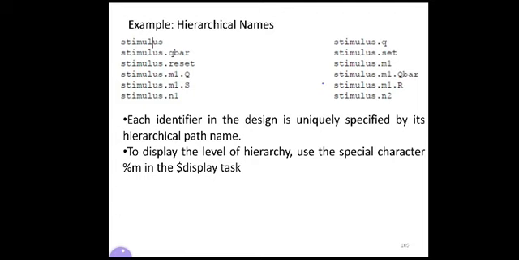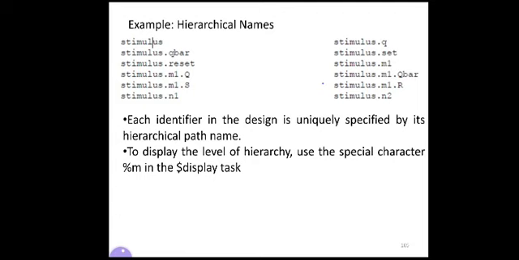If you want to access the top level module, its name is directly just stimulus. We do not have any other identifier. Suppose you want to access Q bar, on the right side, then Q bar is under the stimulus. Stimulus is the starting point, so it is stimulus dot Q bar. Separate the two identifiers by a dot.